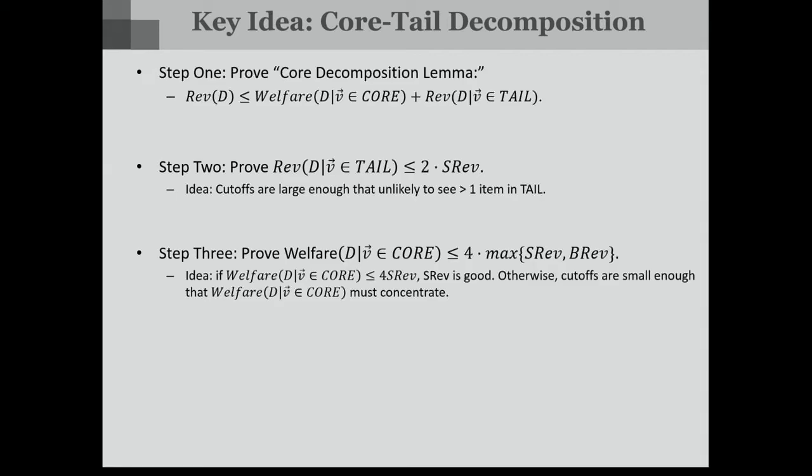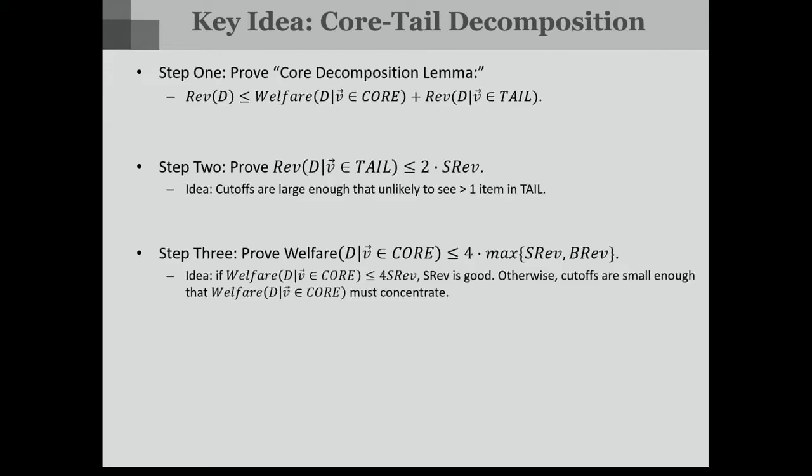This is a little bit of an informal statement of what that lemma says: the optimal revenue for any distribution is upper bounded by the total welfare, so the expected sum of values for that distribution, conditioned on the values being small, plus the best revenue that you can get from that distribution, conditioned on at least one of the values being large, or in the tail. Okay, so once we have this decomposition lemma, we just need to show that Srev and Brev can get a constant factor approximation of each term separately.